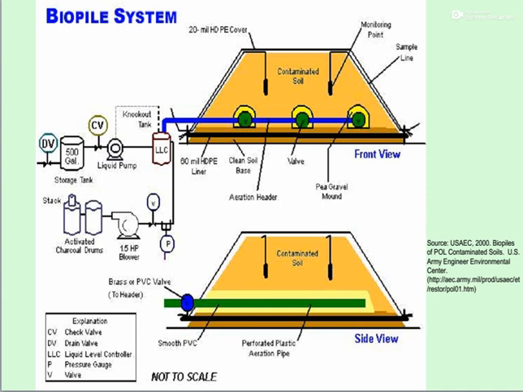Now, let me help you. You take what is a biopiling system. You don't have to get confused looking at this particular picture. It's nothing but you dig out the soil from the contaminated site, and then you put it at a particular place where the pH, environment, and all that is made favorable.